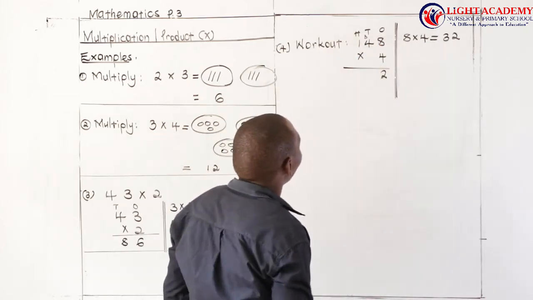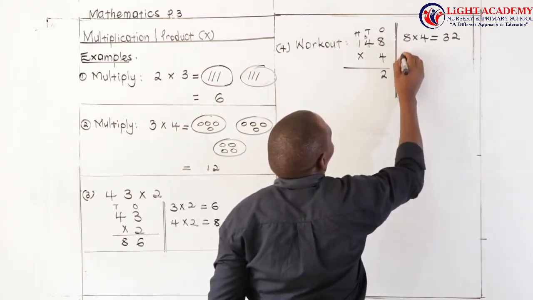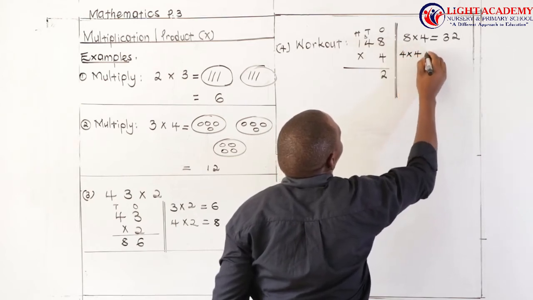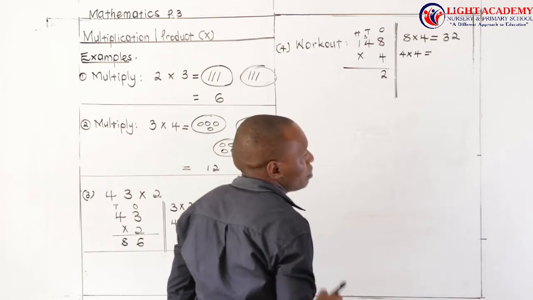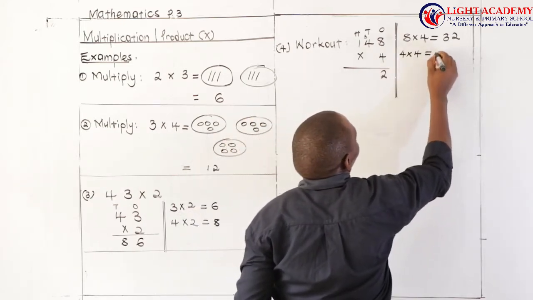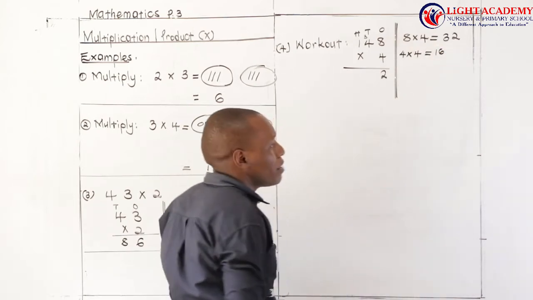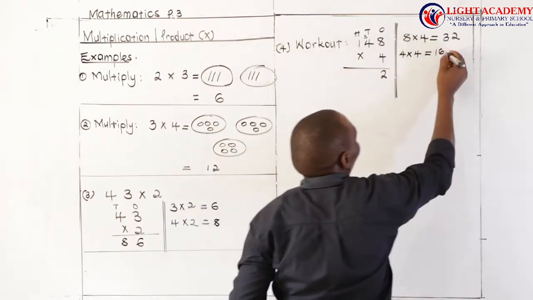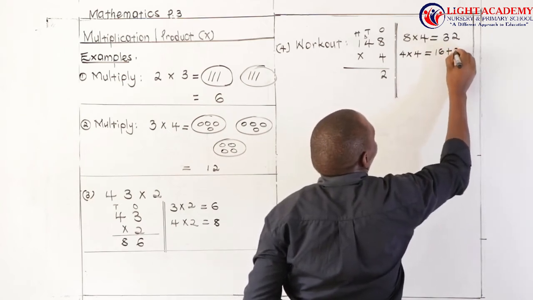Then I will say, I'm having under the 10's 4 10's multiplied by 4. What do I get? These are 4 groups of 4. The answer I get is 16. But remember, we carried something from the 1's place value. So I'm going to add it onto 16.